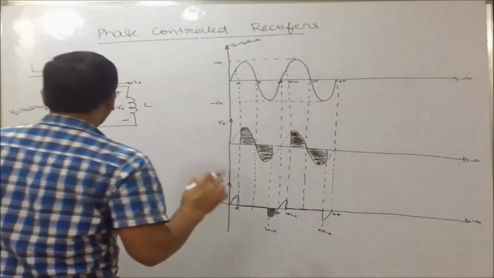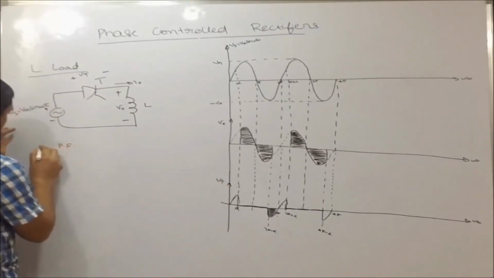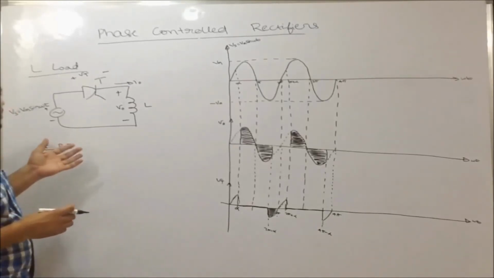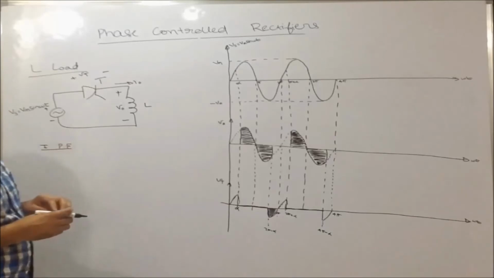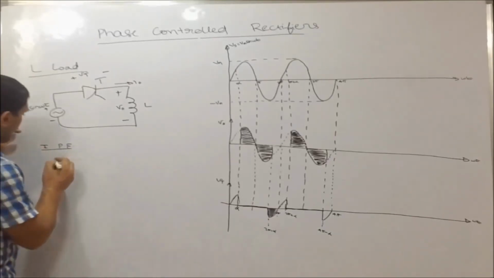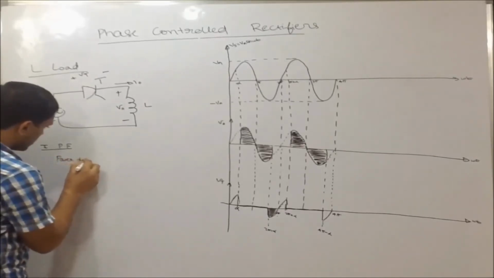Next, I want to calculate the input power factor. Earlier, we have seen the power factor for the resistive load. The principle is as usual. We equate the power delivered. Who is delivering the power? The source.